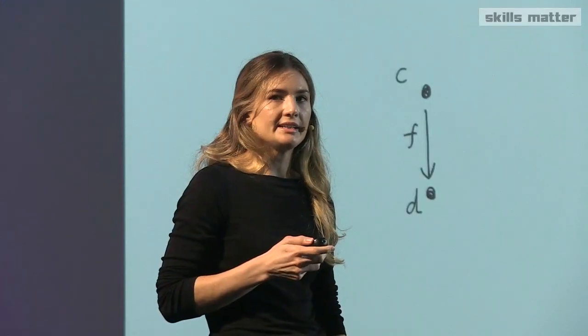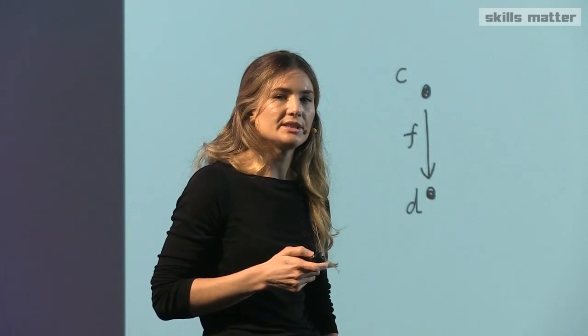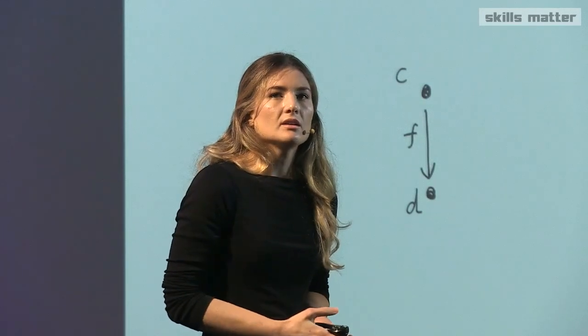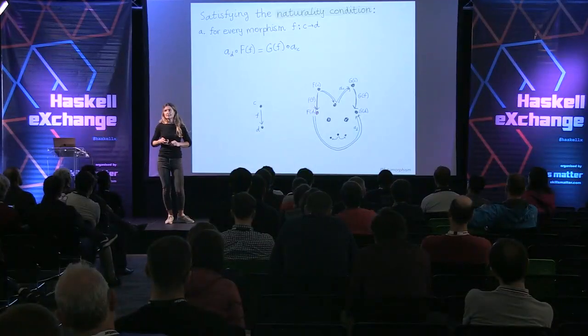And the rule is called the naturality condition, which says that if you take F of f, which is the pink arrow on the left ear, and then take αD, which is the D component of α, this is exactly the same as taking αC, which is the green arrow over the ears, and G of f, which is the blue arrow on the right ear.